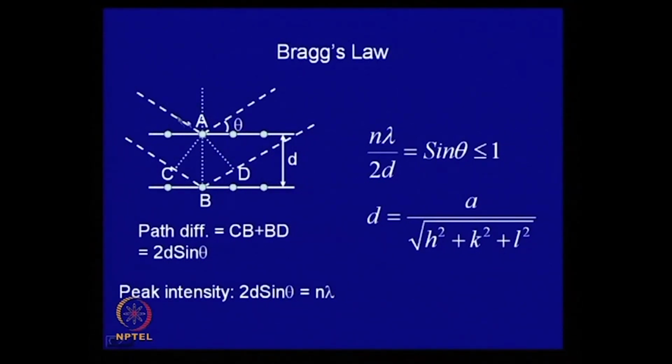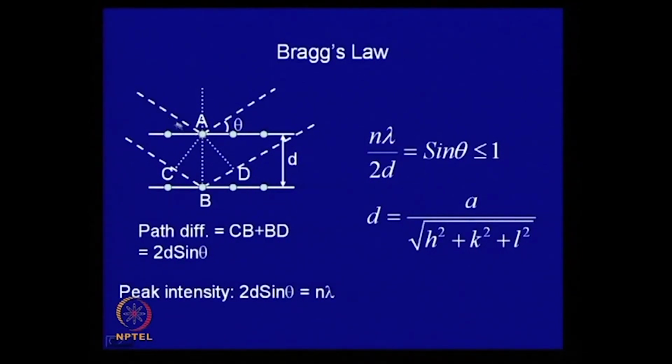Now, if this beam is incident at an angle theta, this is the incident angle, the angle of reflection is also equal to theta, this is the reflected beam. Another beam penetrates the metal and gets reflected from the next plane, and this is the reflected beam, and these two paths cover different distances. This covers a longer distance.